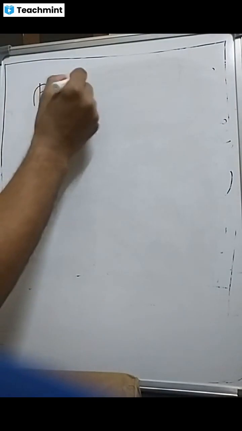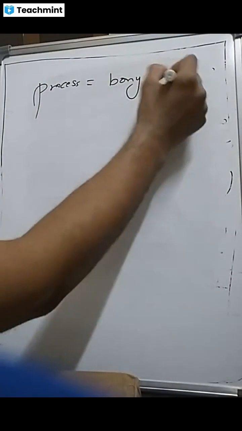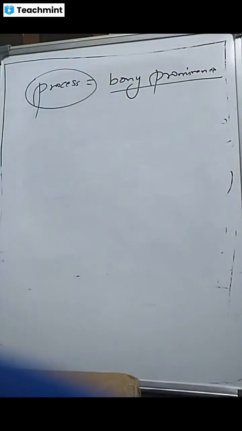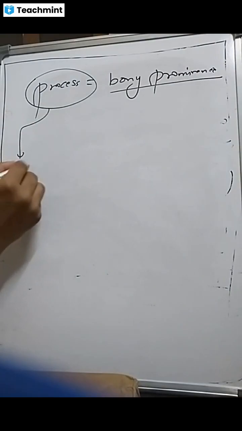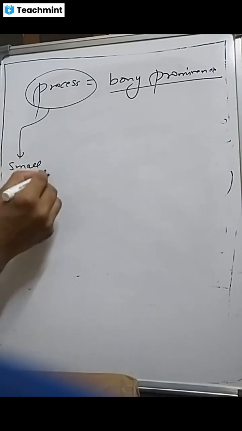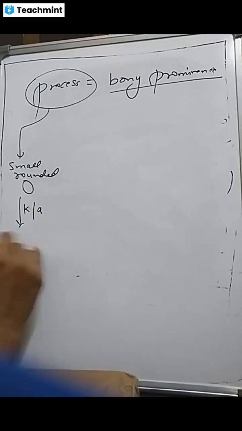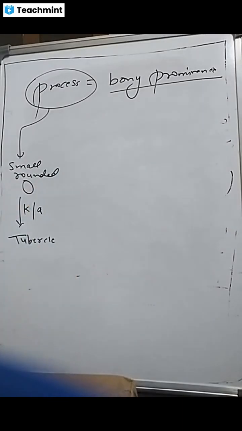So process is nothing but a bony prominence. There are different types of process. If it is small and rounded like this, then it is known as tubercle. What is the example?